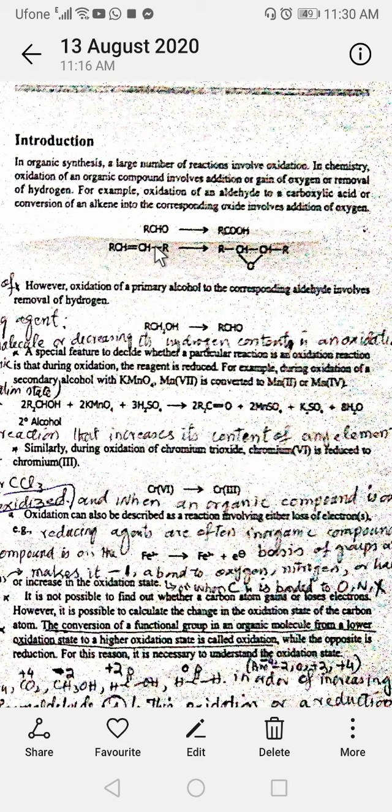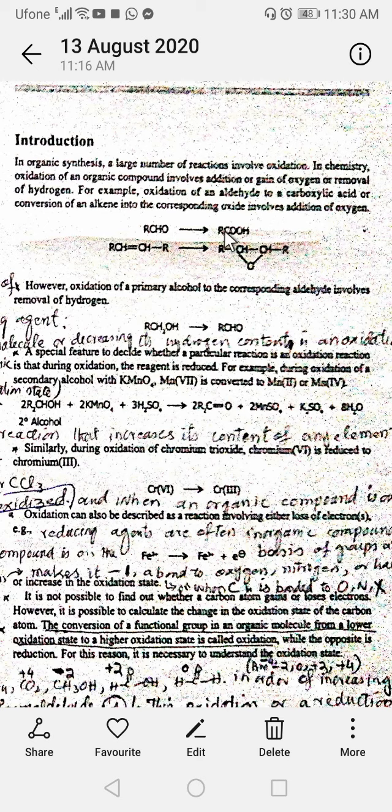Here a reaction is given where aldehyde RCHO is changed into carboxylic acid. Here only one oxygen is present. Here 2 oxygens are present with the carbon. So what is this? Increase in the oxygen content.